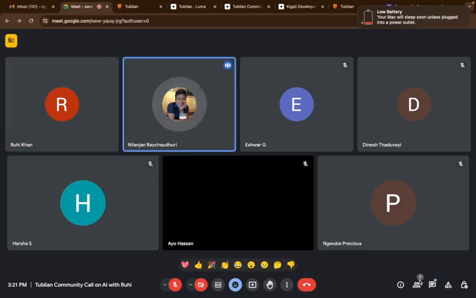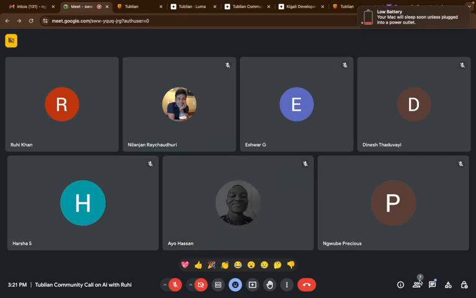Could you give an example? What do you mean by that? Yes, I have an example, like we can use Chat GPT, Black Box for the coding part.